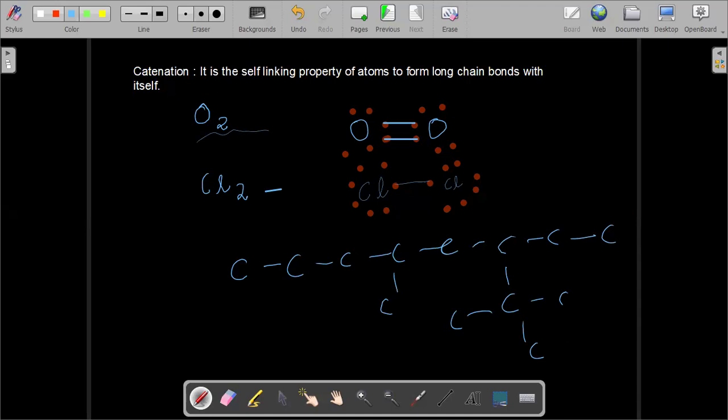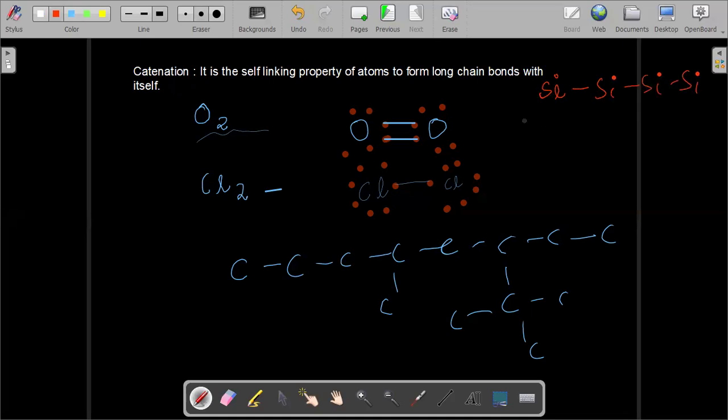This property is not available with any other element. The only other element that can show this property is silicon, which is similar to carbon, with just up to 4 atoms. Silicon, silicon, silicon, and silicon.